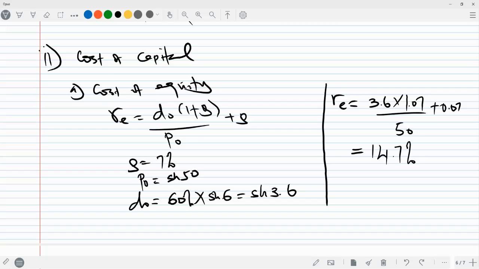Therefore the cost of equity for this company is 14.7%.